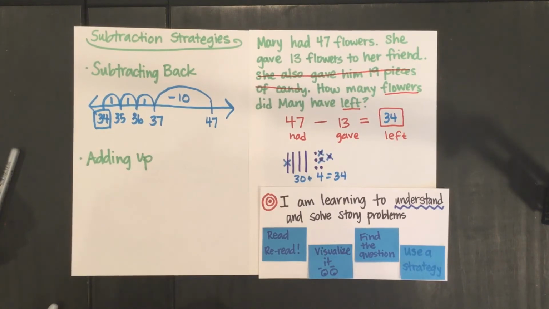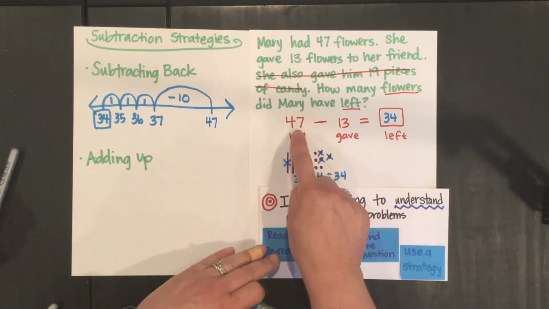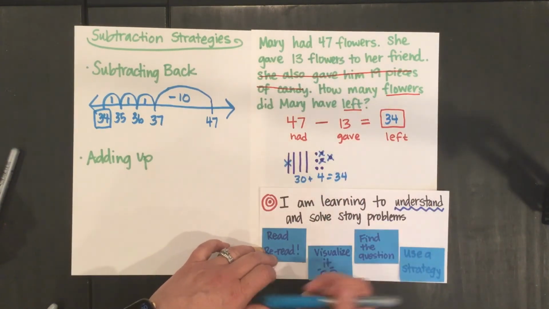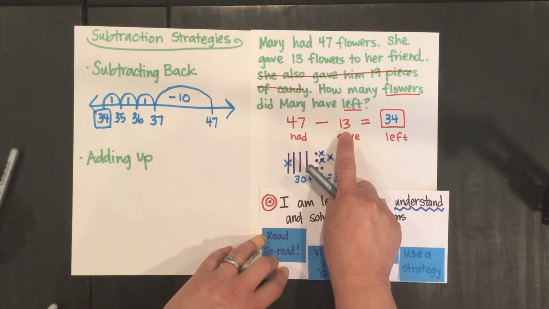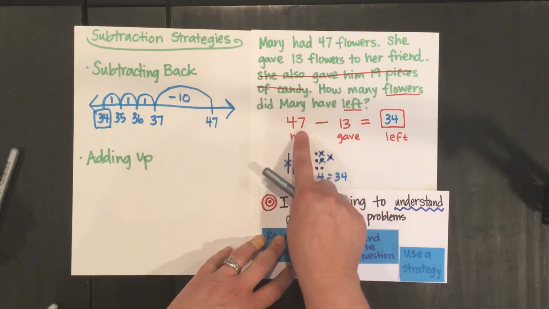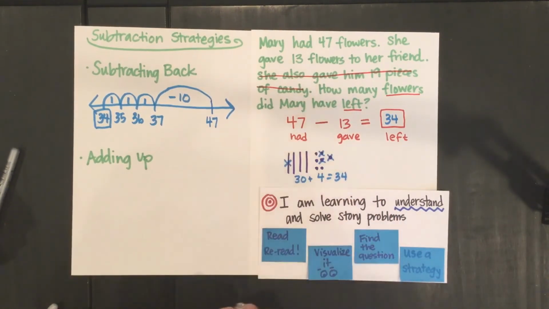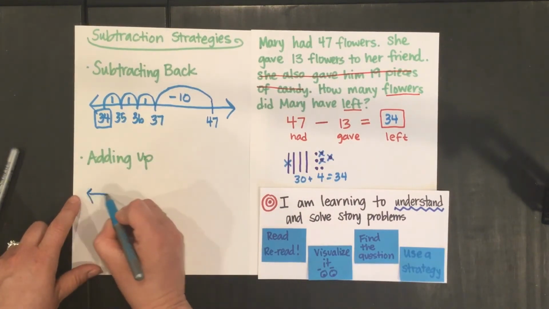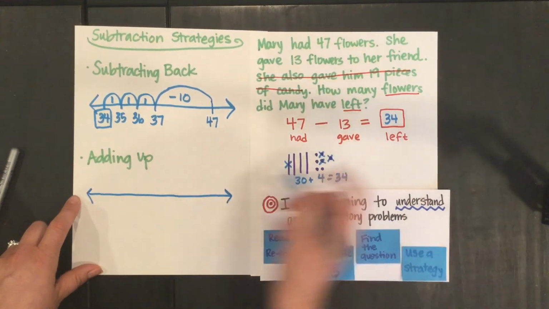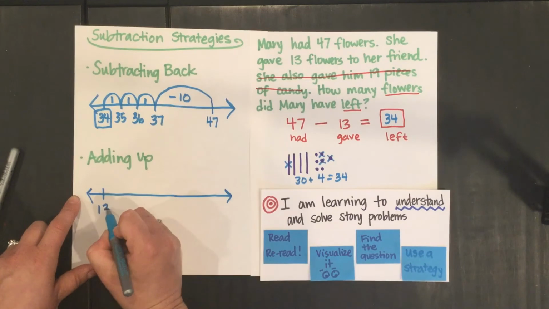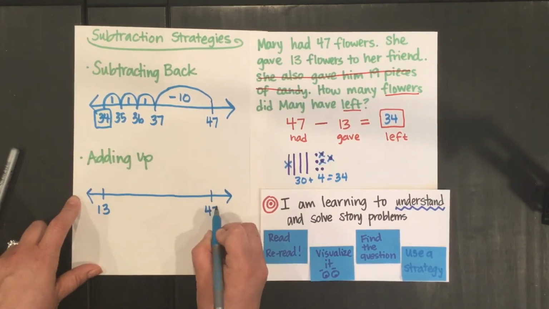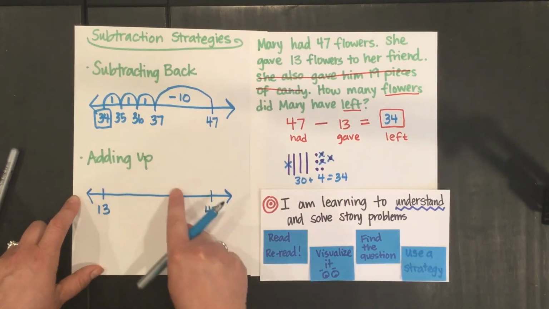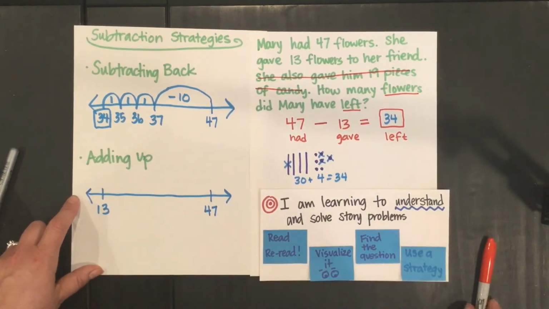Now, I could also think, if it's easier for me to use addition, I can think about the relationship between these numbers. If I started with the number that she gave away and worked up to the number that she had, my answer could also be in my jumps.